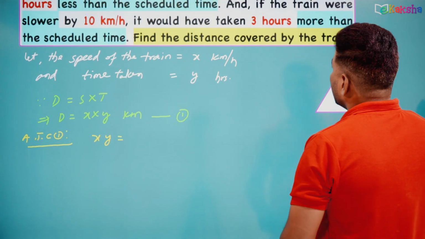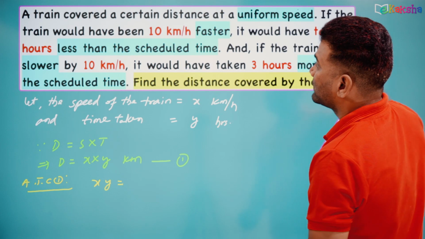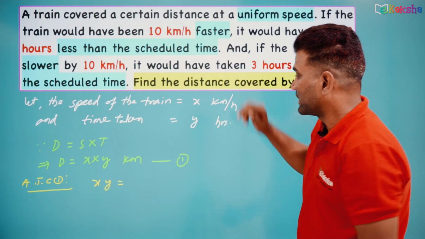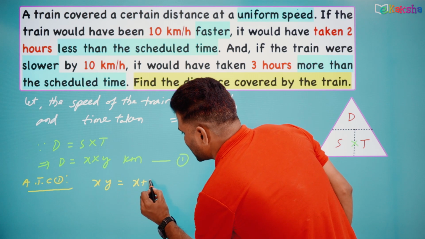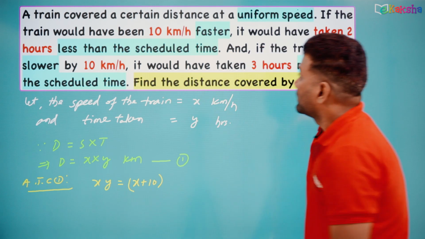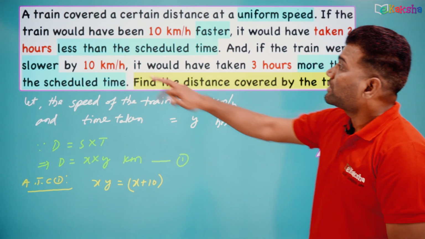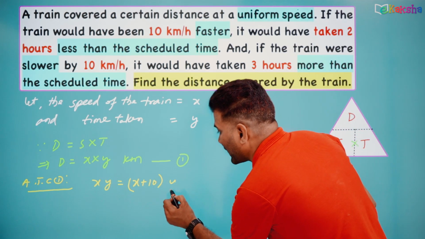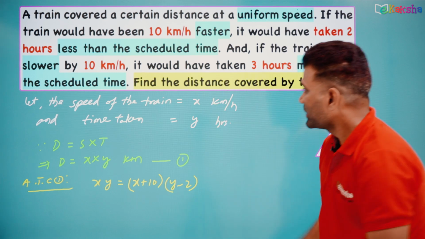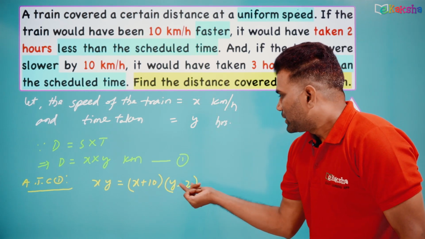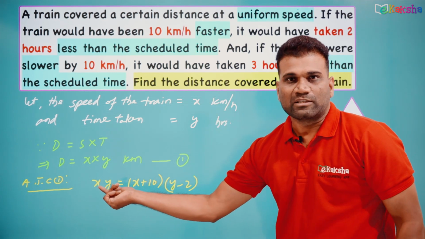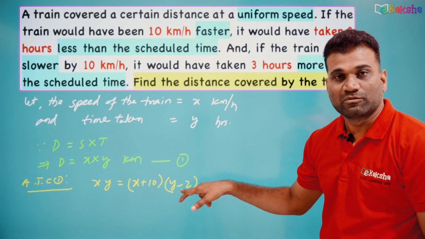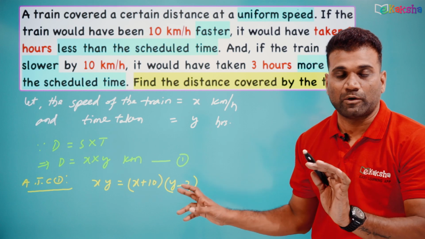If the speed would have been 10 km faster, that is x plus 10, then it would have taken 2 hours less than the scheduled time. So time would be y minus 2. So speed into time is equal to the actual distance, right? According to the first condition, we have formulated one equation.